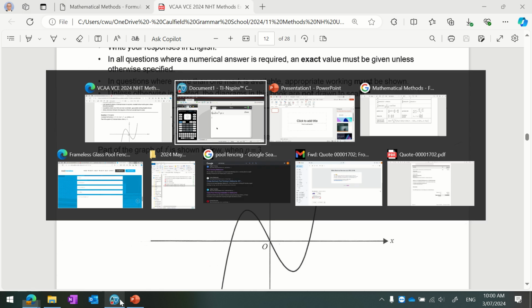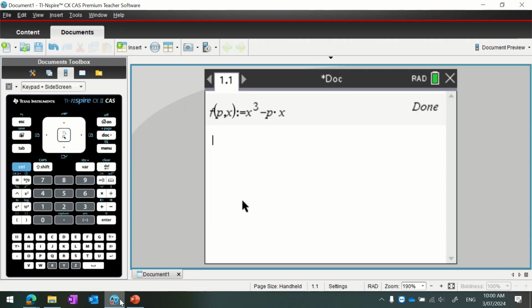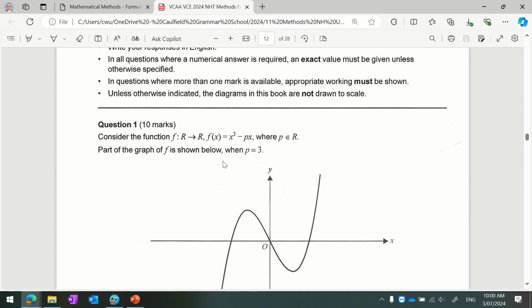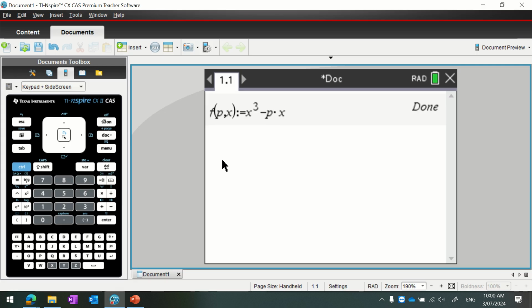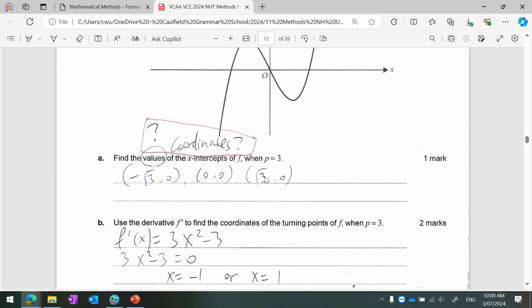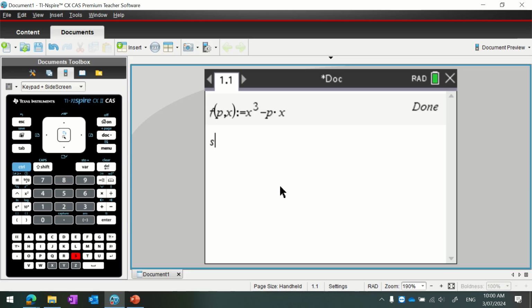Notice I have also defined p to be an input into the function, so that I have control over it and can change p as I go in the calculator. Then to find the x-intercept, we need 0 equals the function, because the y value is 0 for an x-intercept. And then p is 3, so we do this. And those are the answers.